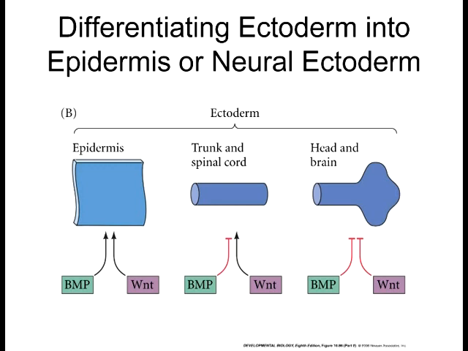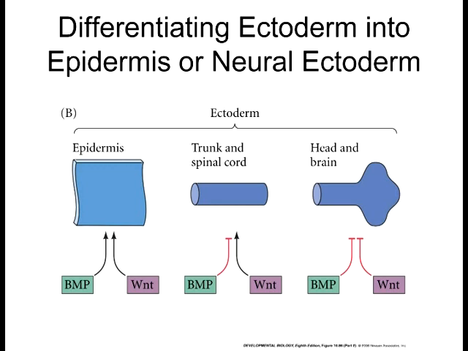Here, if BMP is blocked, as it typically is by the organizer, but Wnt signaling is present, that becomes the spinal column. And in the region closest to the organizer, where you have both BMP and Wnt signaling blocked, that forms into the head ectoderm. There are various key genes that the organizer secretes, like Cerberus and Dickkopf, that block BMP and Wnt signaling.